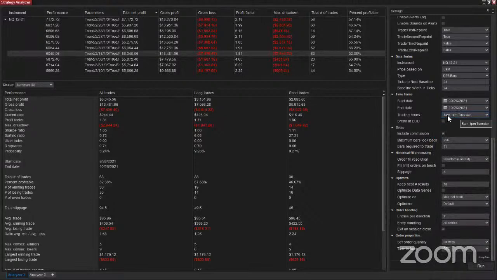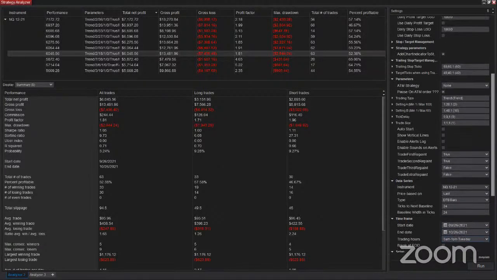And I've selected that one for today. Today's Tuesday, so I've selected Tuesday. Now, what this does is it's only going to load up a very specific amount of data from 5 a.m. to 1 p.m. over the last month. So when you're doing longer term optimizations, you're not bringing up lots and lots of data. You're only bringing up chunks of data, because it's within these chunks of data that we are trading.